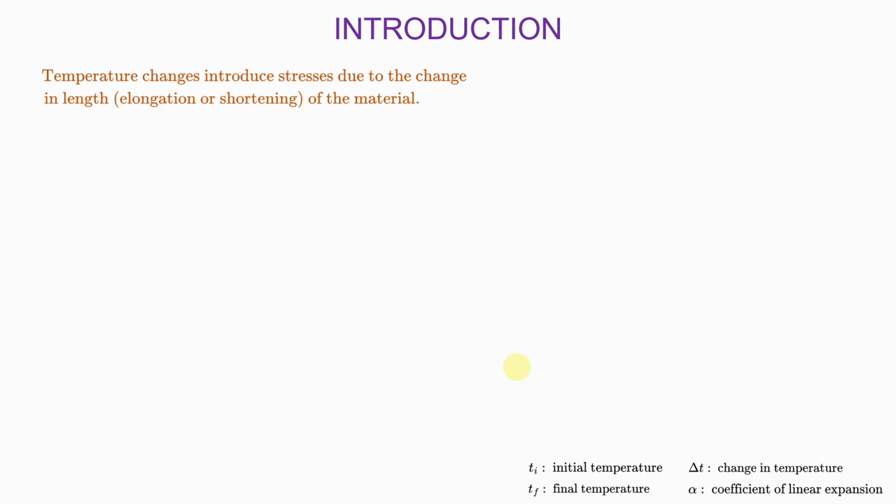And it is either the bar is going to become longer or it will become shorter, depending on whether you are increasing the temperature or reducing the temperature. And so with that elongation or with that shortening of the bar, there will be stresses that will develop inside of the bar. And so let us say that delta T is the change in temperature, okay?